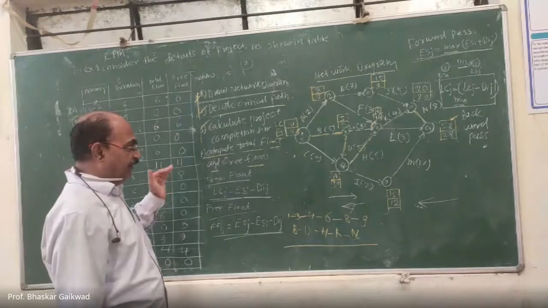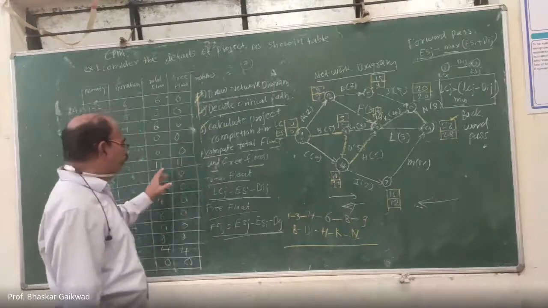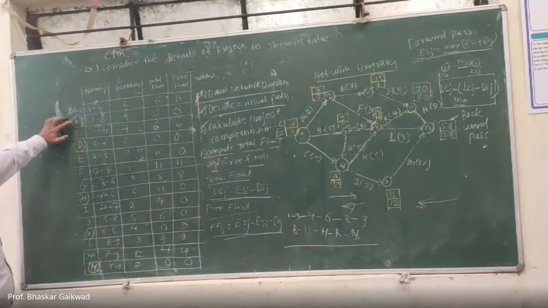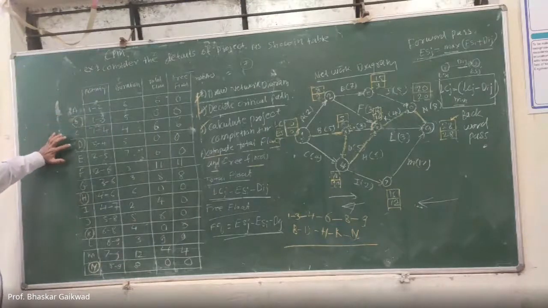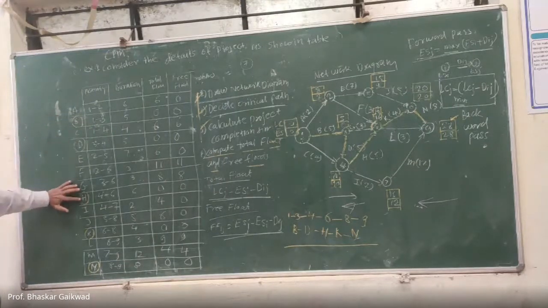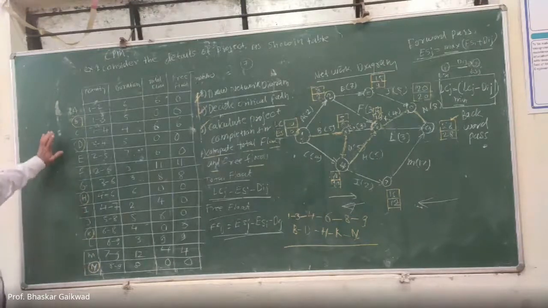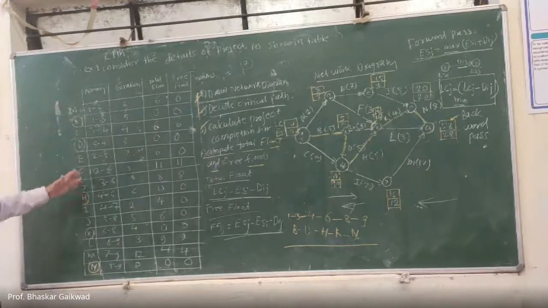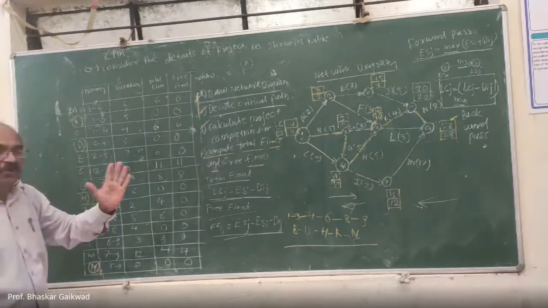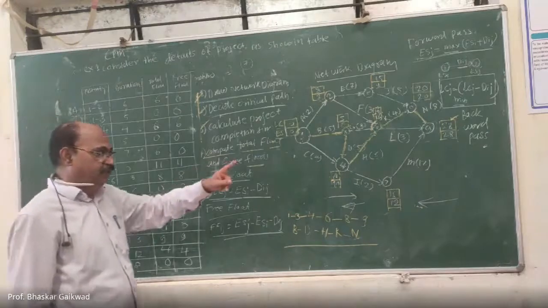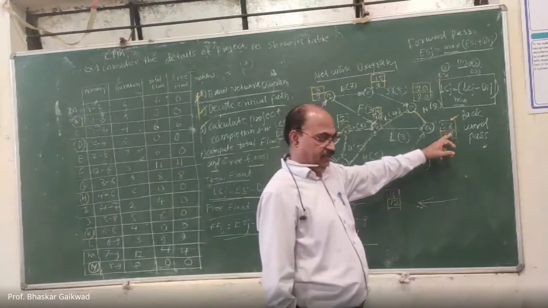Now, in this total float, zero means that this activity can be delayed because zero time is available. These activities mean activity 1 to 3, activity 3 to 4, activity 4 to 6, activity 6 to 8, and activity 8 to 9. So total float and free float are zero. That means this activity cannot be delayed. There is no further time.